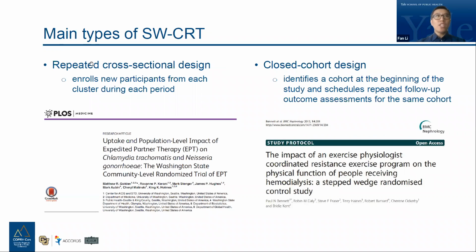There are three major types of SW-CRTs, including the repeated cross-sectional design as well as the closed cohort design, as shown in the slide. In a repeated cross-sectional design, in each period, we will be enrolling new participants from each cluster.